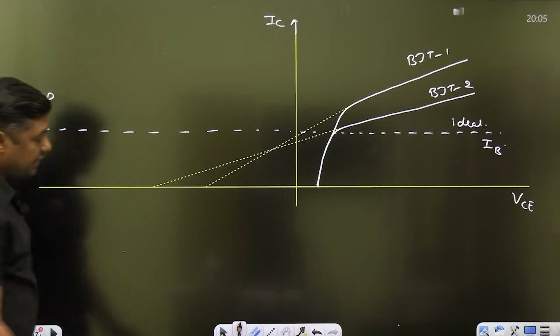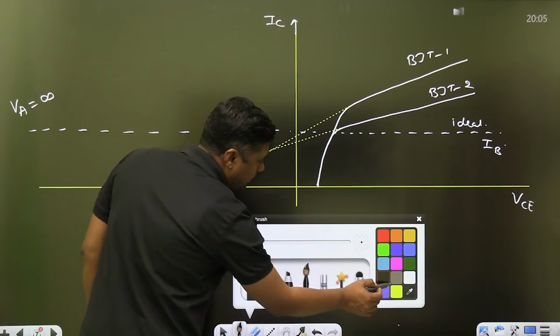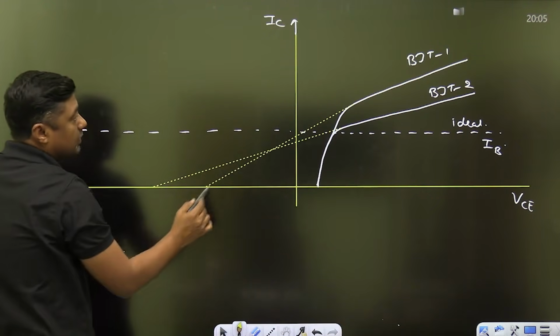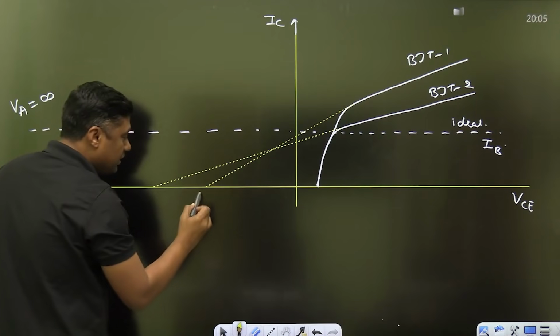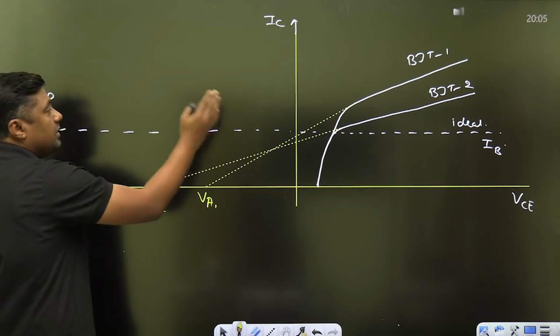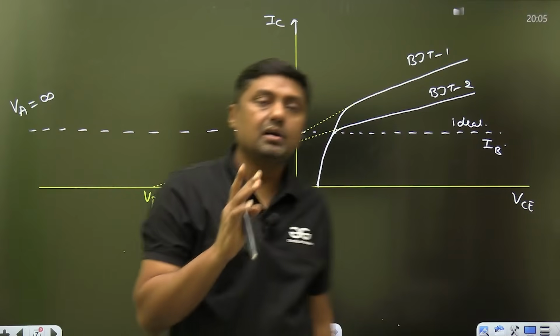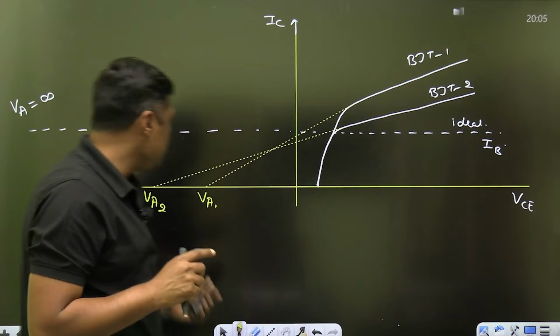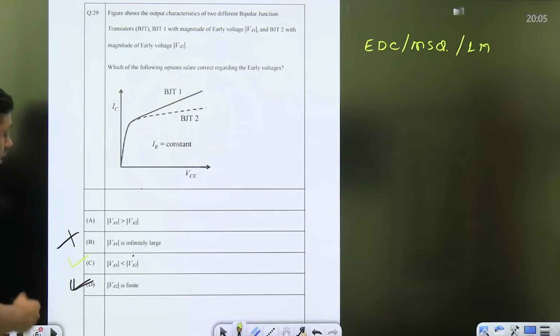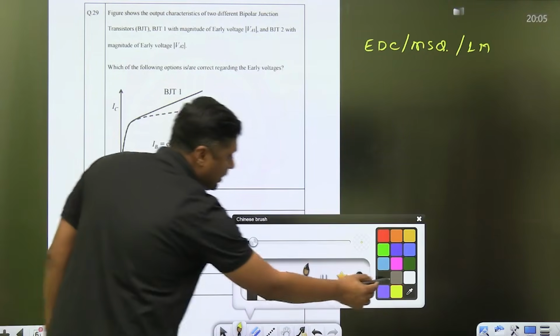Now watch this diagram carefully. This is VA1 and this is VA2. The more the elevation, the less the early voltage, and that's why the magnitude of VA1 is less than VA2. Why are we considering the magnitude only?